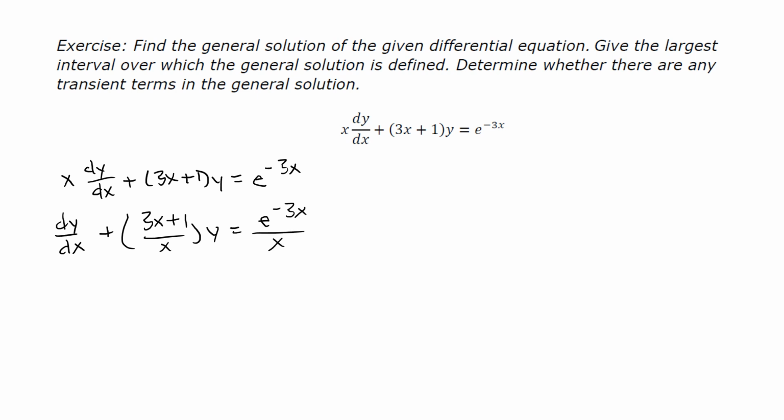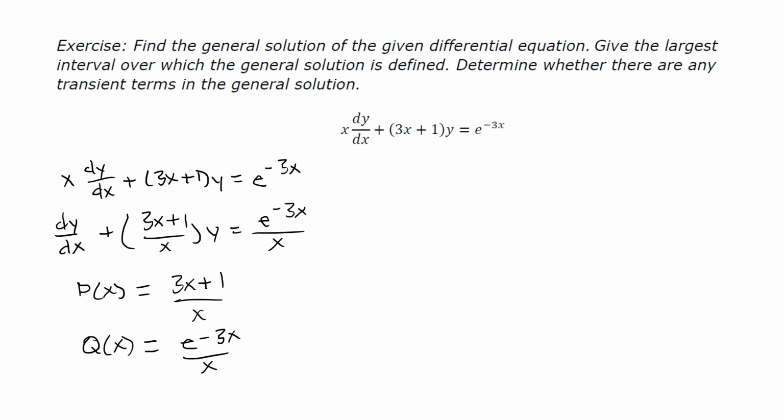And so now our equation is written in standard form. So we can identify our p of x, which is 3x plus 1 over x, and our q of x, which is e to the power negative 3x over x.